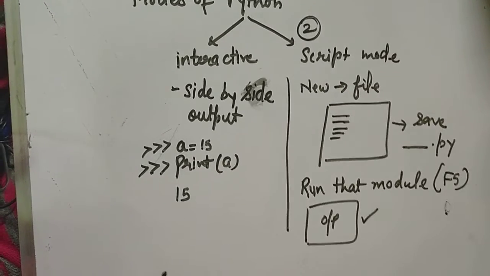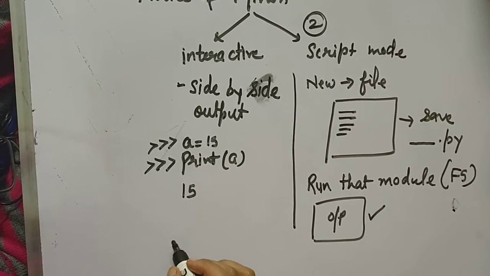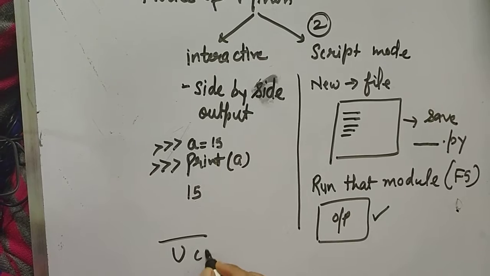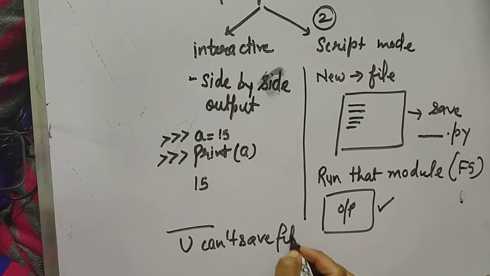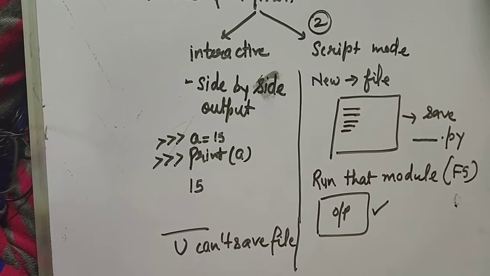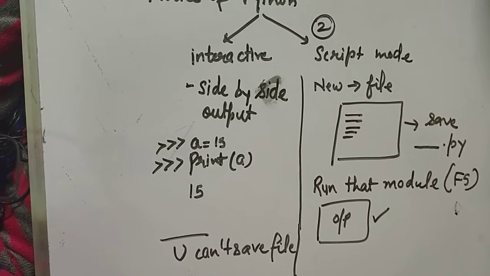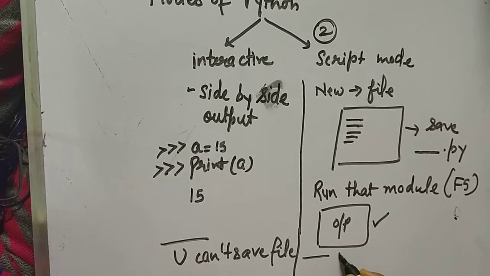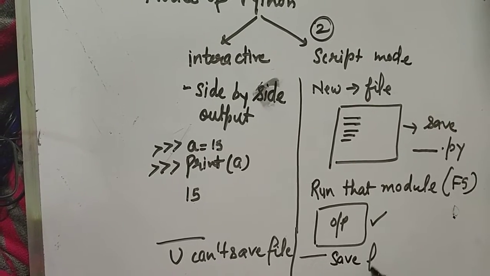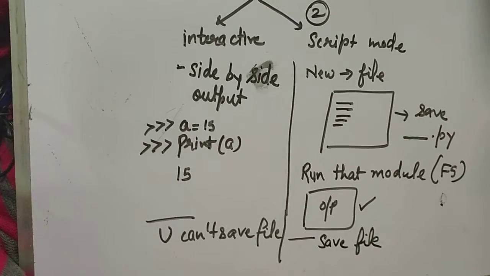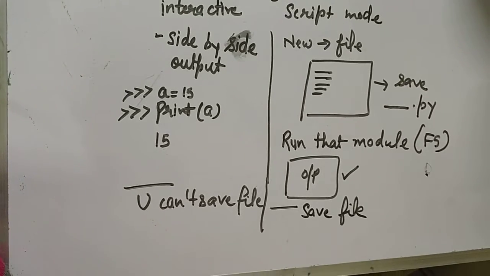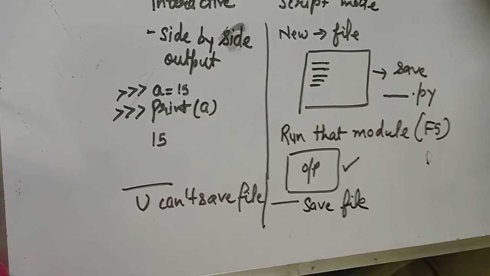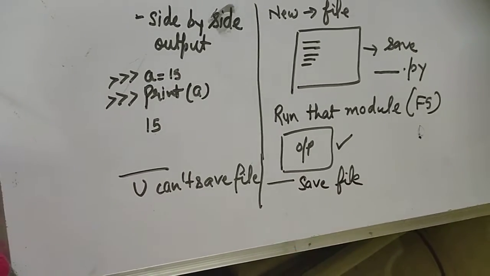The basic difference is that in interactive mode you can't save the file. If you need it in future, you cannot open it. But in script mode we can save the file, make a program, and later open it whenever required for reference, just like Word and Excel files in our folder.